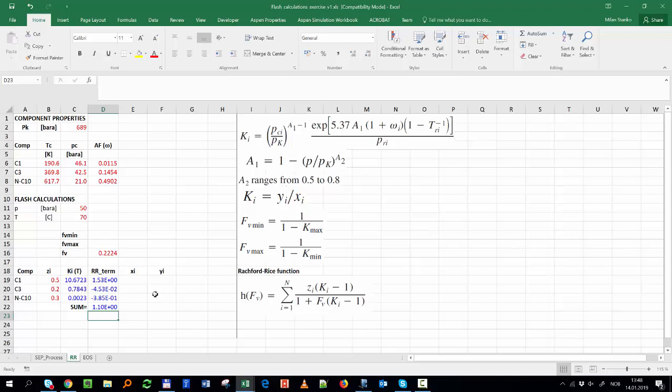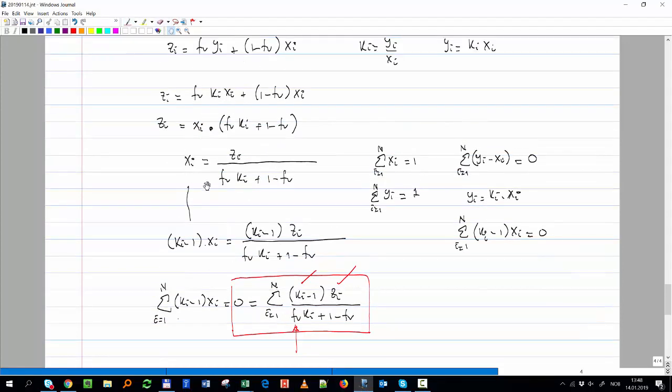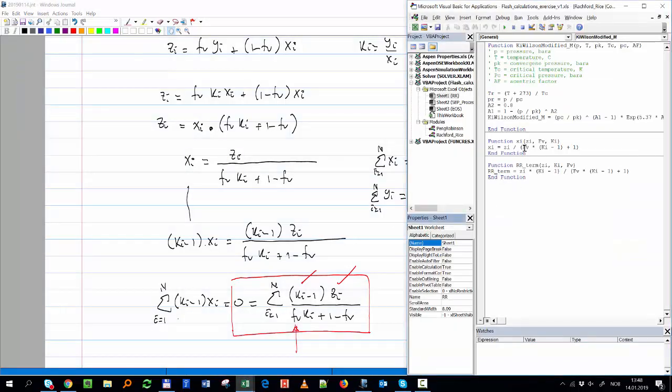So how do I find it? I think we can use some of these equations, maybe that equation, to calculate xi. So let's use that equation. Maybe I have it programmed here. Xi is Zi divided by 1 plus Fv times Ki minus 1.